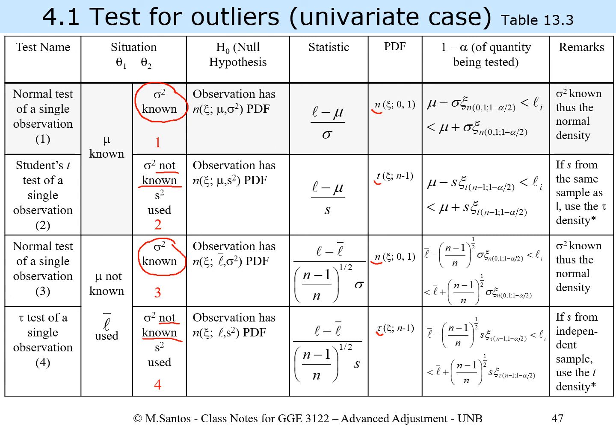If the variance is derived from the same sample, from the same observations, we are going to use the tau distribution. If the standard deviation S comes from an independent sample, we use the t distribution.